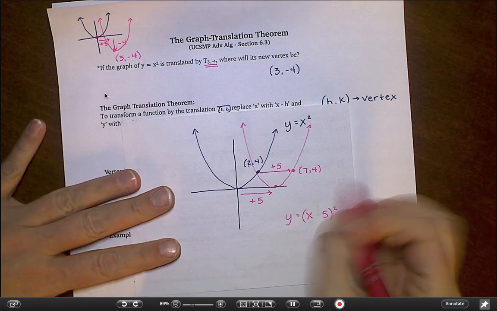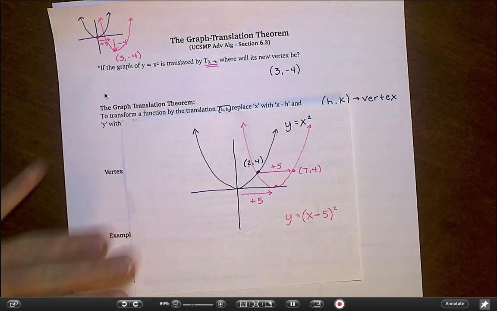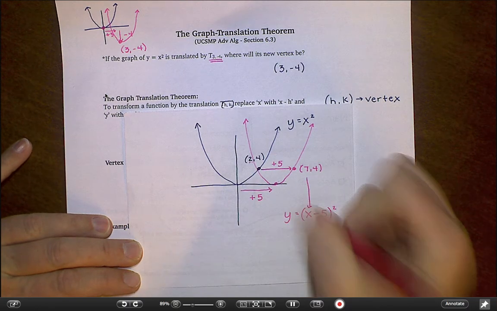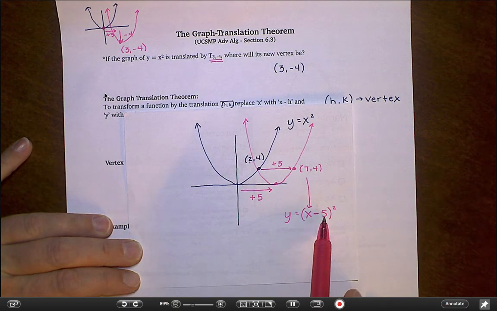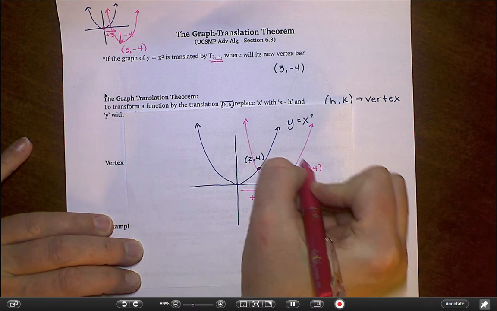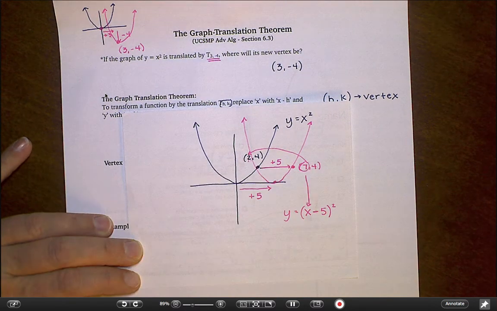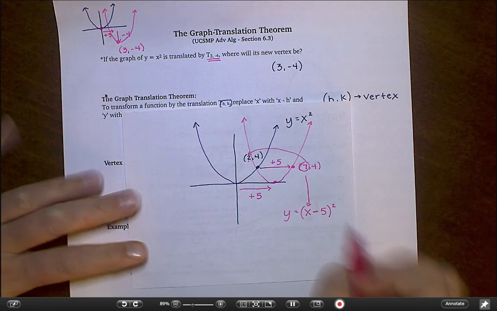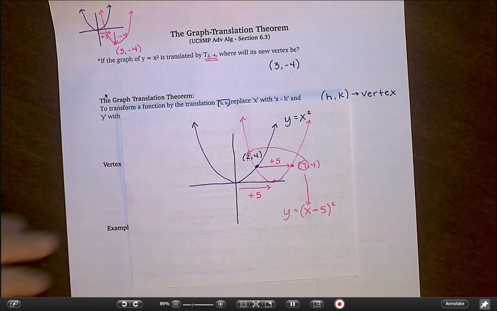If I make this a minus 5 here, and I put that 7 right in here for x, if I do 7 minus 5, what I'm really doing is taking this 7 and turning it back into the 2 that it used to be, right? 7 minus 5 will give you 2, and then when I square it, I get 4 back.